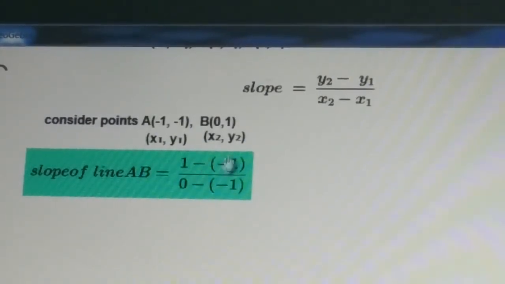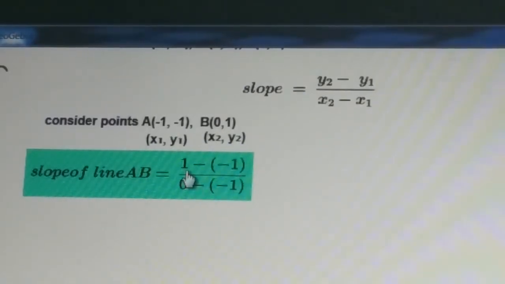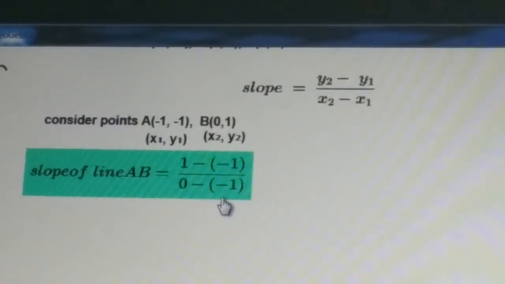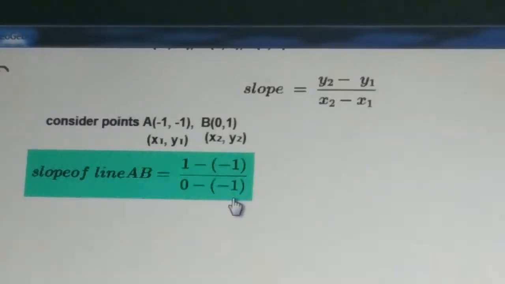By putting these values in the slope formula, slope is y2 minus y1 upon x2 minus x1. Our y2 is 1 and y1 is -1, so 1 minus (-1). And here x2 minus x1: x2 is 0 and x1 is -1, so 0 minus (-1).